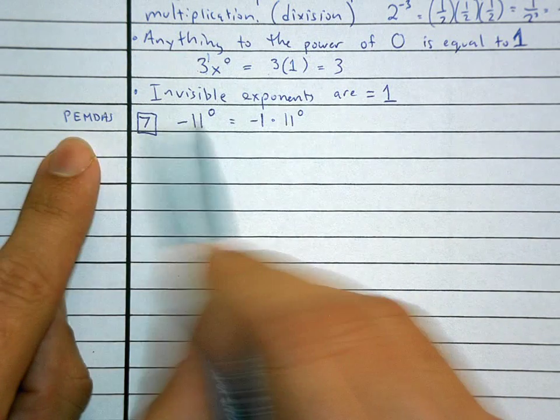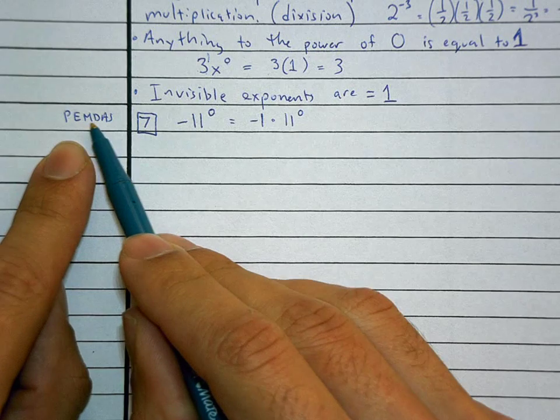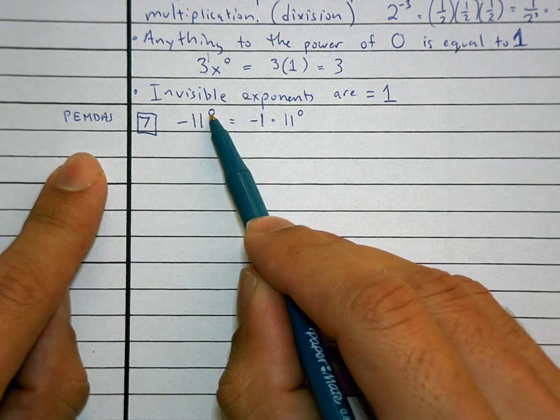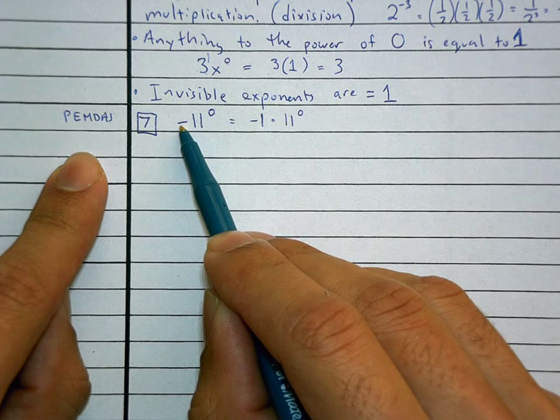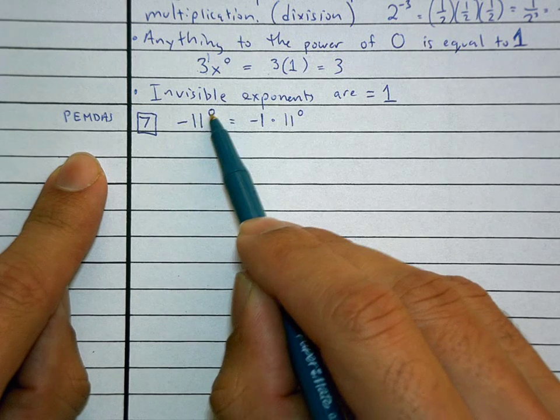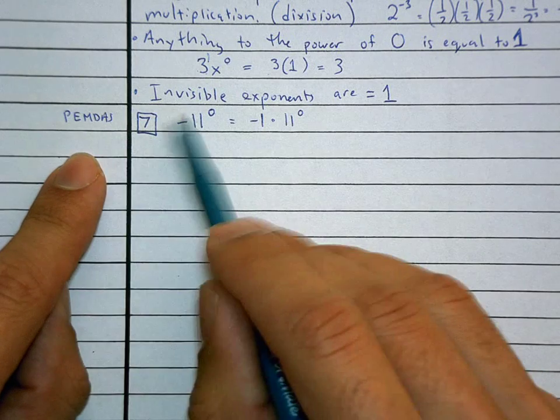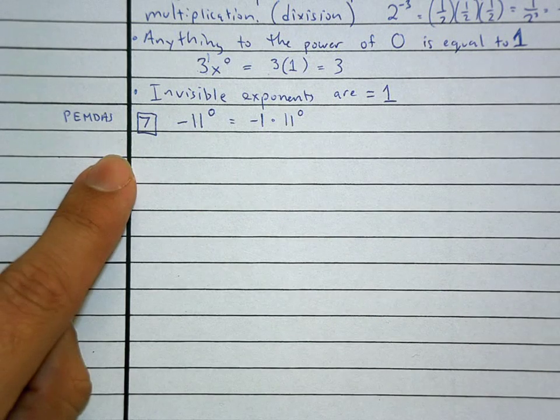I have to do exponents before I do any subtraction or multiplication, because order of operations says do the exponents first, then do any addition or subtraction or multiplication.